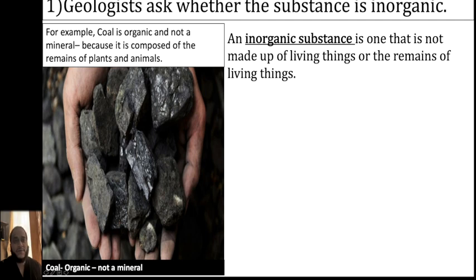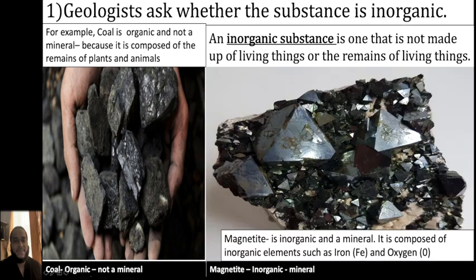Another example is magnetite. Magnetite is inorganic and a mineral. Why? Because it is composed of inorganic elements such as iron and oxygen.